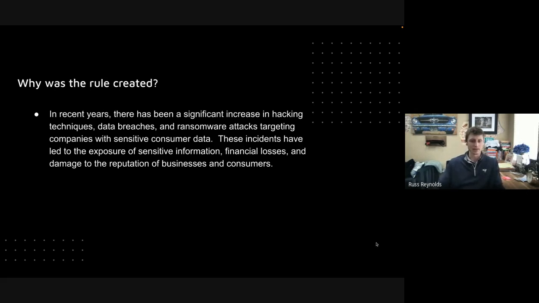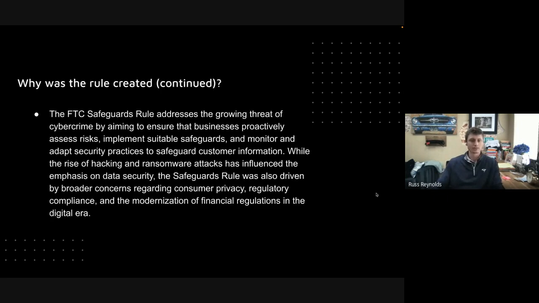There's some financial loss, obviously, and then damage to the reputation of businesses and consumers. So the FTC safeguards rule addresses the growing threat of cybercrime by aiming to ensure that businesses proactively assess risks, implement suitable safeguards, and monitor and adapt security practices to safeguard their customers' information.